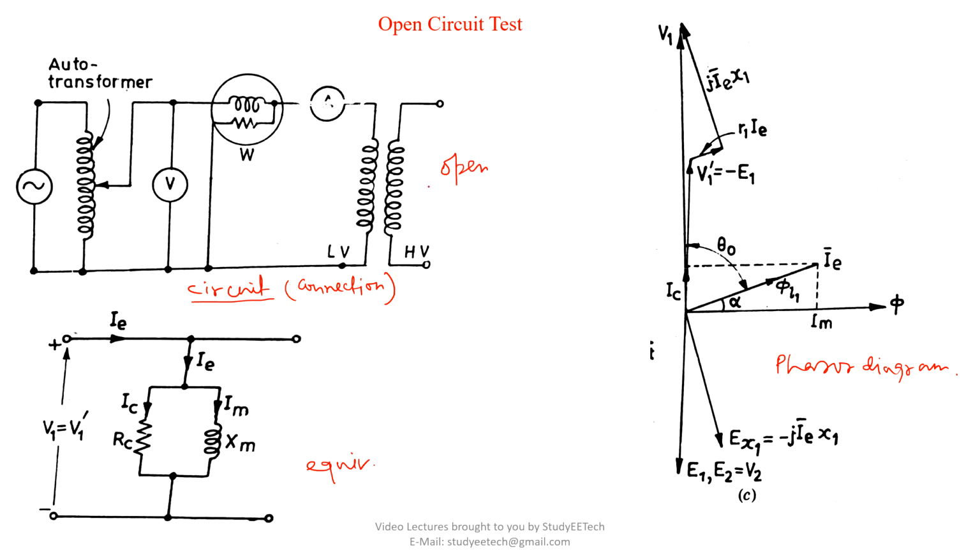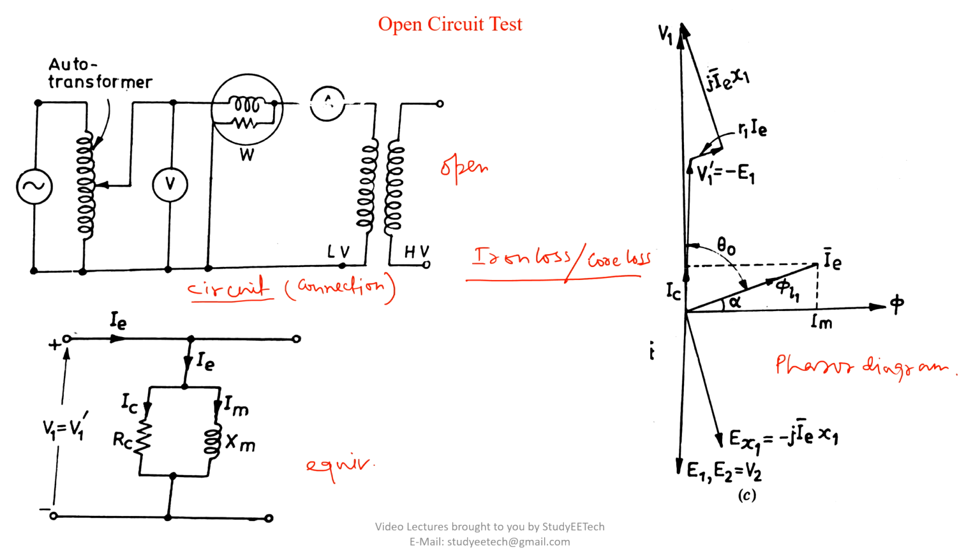Now, why have we chosen the high voltage side to keep open? That may be a question. Before that, what will we get from this open circuit test? From this test we will calculate the iron loss or core loss.